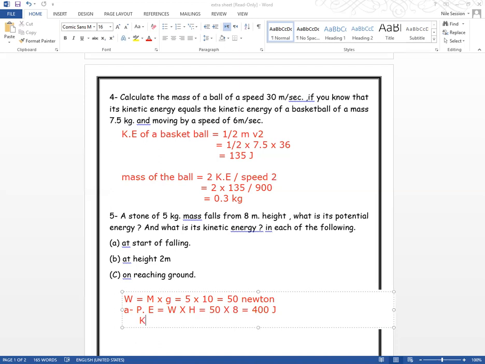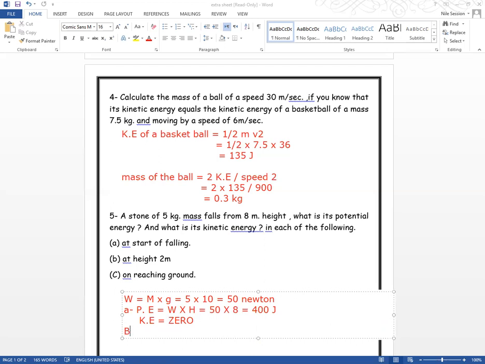The kinetic energy equals 0 because the speed equals 0.